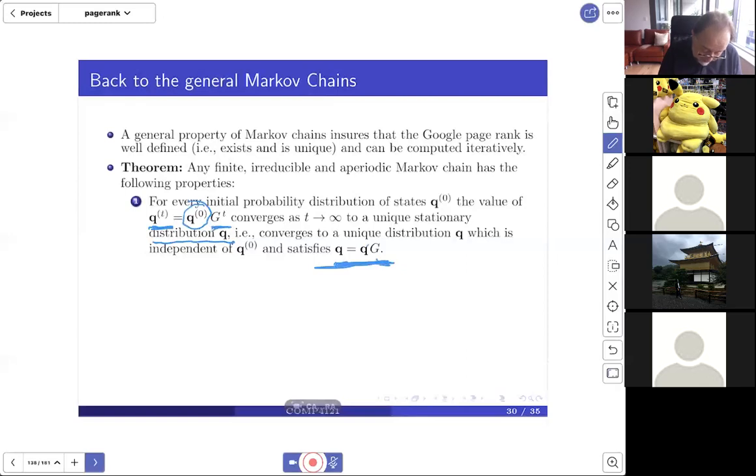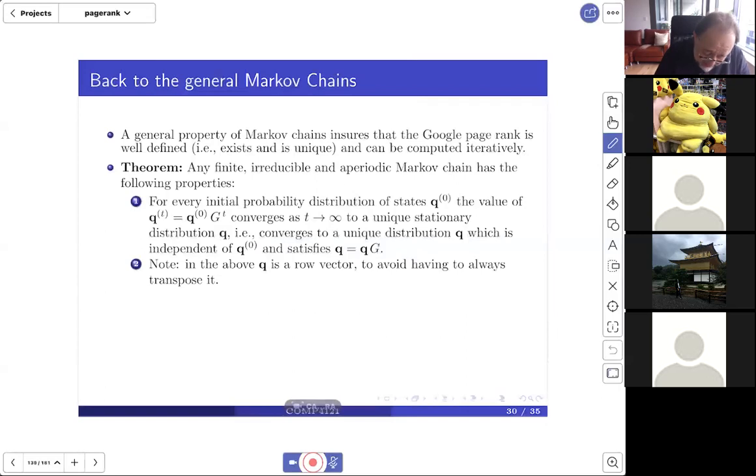Moreover, okay, here I didn't put transpose just because you have T as the iteration and transpose messes this up. Here we assume that Q's are just the row vectors.